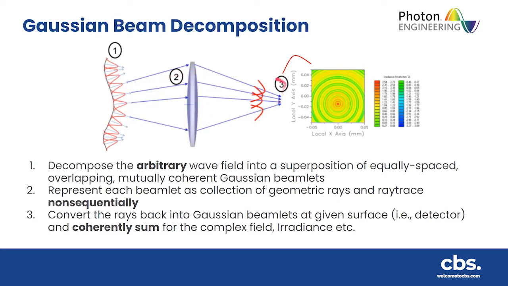And then when they reach the area you need them to, such as the detector, the Gaussian beams are coherently summed back together, and you get the field that you're looking for, a radiance or complex field, etc. So that's essentially the technique in a nutshell. Obviously, there's a lot more mathematics and specifics, but that's generally speaking what is happening. It's leveraging FRED's ray trace engine to propagate Gaussian beams through the system and sum them on the detector.